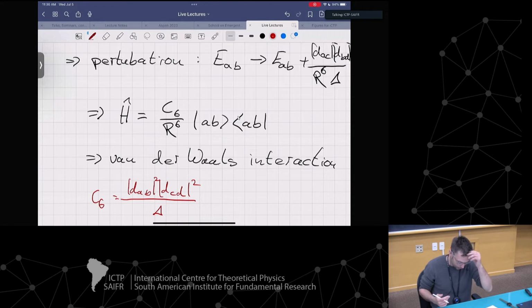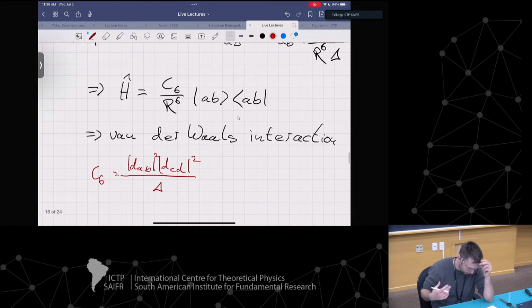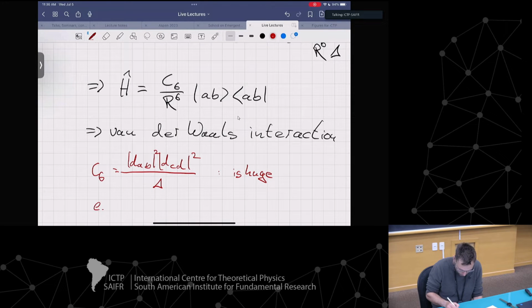And this is very typical now when I excite two atoms. What is cool about it, this coefficient is huge. This is really ginormous, really, really big. Let's give an example. Let's take rubidium, and let's imagine we are coupling both atoms to the 80S state. That's not difficult.